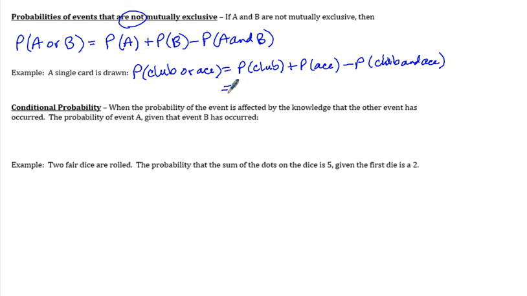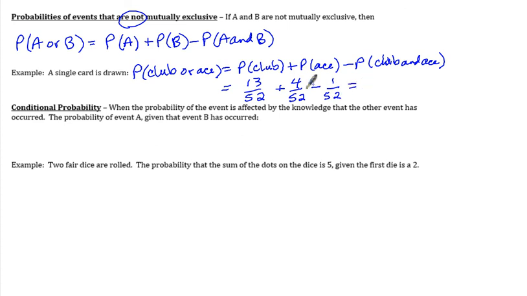The probability of pulling a club, there are 13 clubs in the deck, plus the probability of an ace, there are 4 aces in the deck, and then subtract out the club and ace scenario. Well, how many ace of clubs are there? There's only 1, right? So subtract out 1 out of 52.